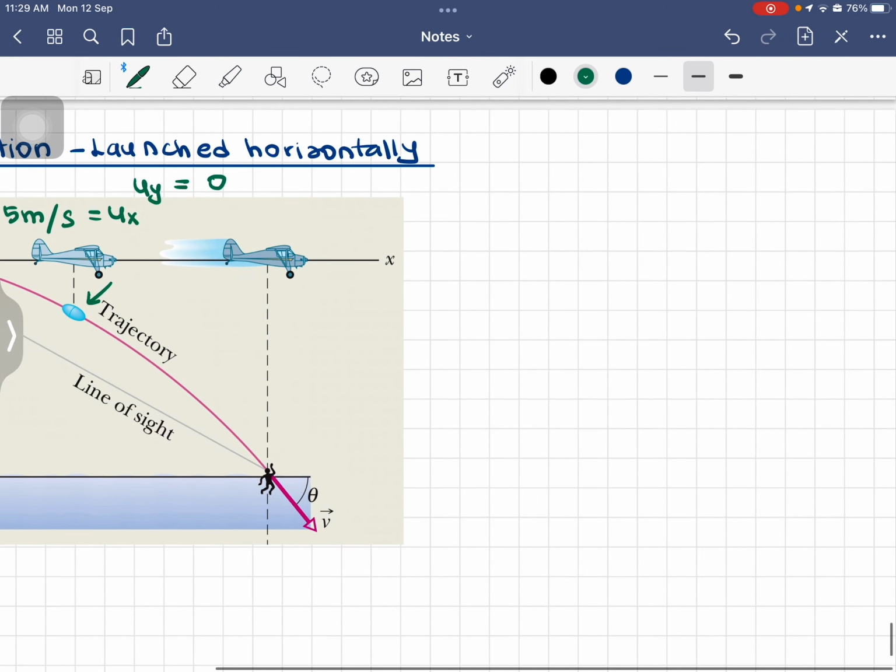For your equations, you will have the x component equation and the y component equation. For your y component, for example, you will have v squared equals u squared plus 2as.